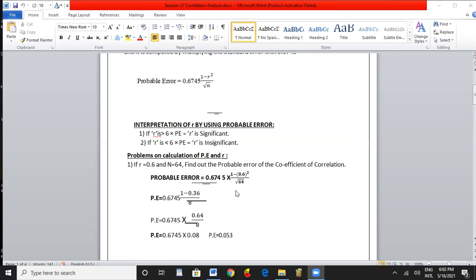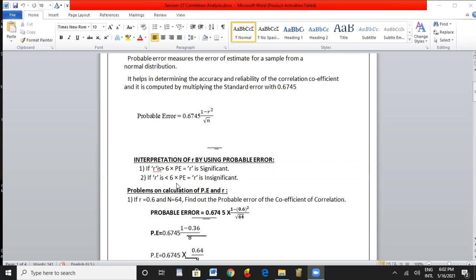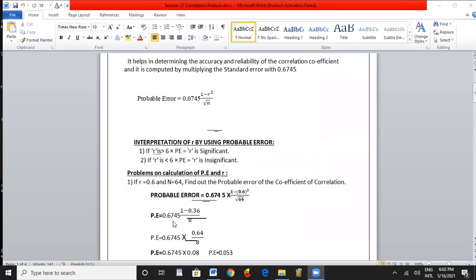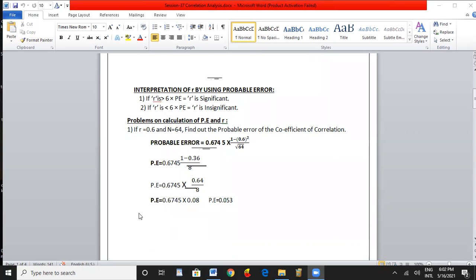Then the probable error is equal to 0.6745, which is the standard error factor that you insert here. Then 1 minus 0.6 into 0.6 is 0.36. Then root 64 is equal to 8.